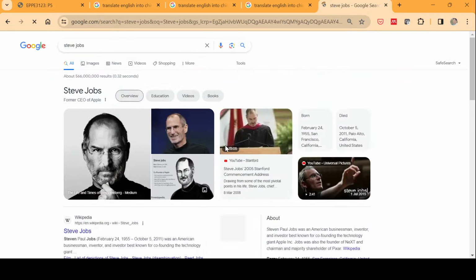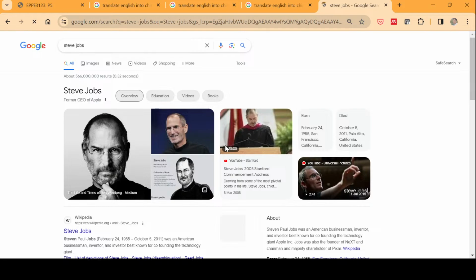This guy passed away October 5, 2011. He was the co-founder of Apple, the company, Apple computers, and continued on with the Apple phone that we're seeing today.